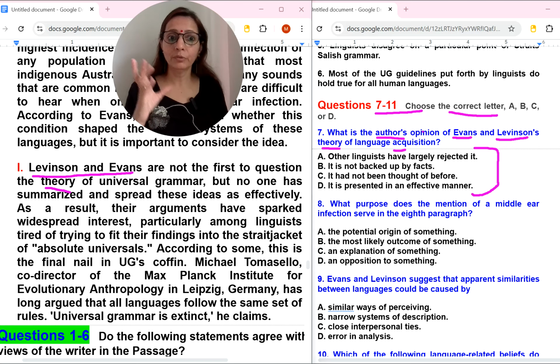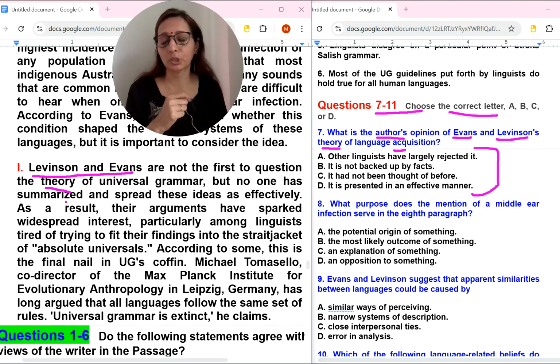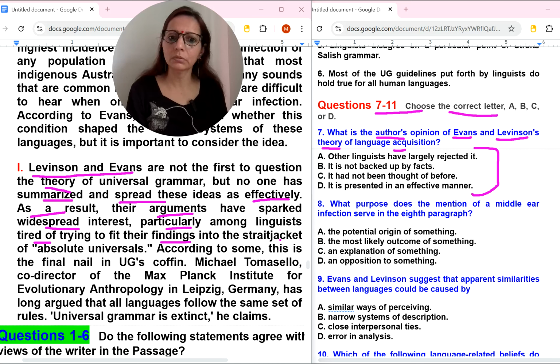So we need to find what the author's opinion is about Evans and Levinson's theory of language acquisition. Levinson and Evans are not the first to question the theory of universal grammar, but no one has summarized and spread these ideas as effectively. As a result, their arguments have sparked widespread interest, particularly among linguists tired of trying to fit their findings into this.